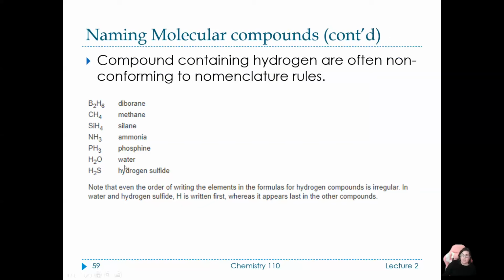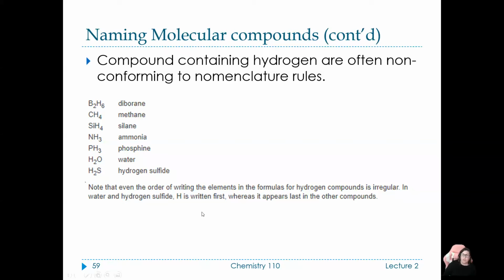So why is this non-conforming? Because it should be dihydrogen monosulfide. So we know that there are some things that we don't do in that way. Note that even the order of writing the elements of the formulas for hydrogen compounds is irregular. Sometimes the hydrogen is second, sometimes it's first. All right. And that's usually done for a particular reason, but we'll talk about those reasons later.